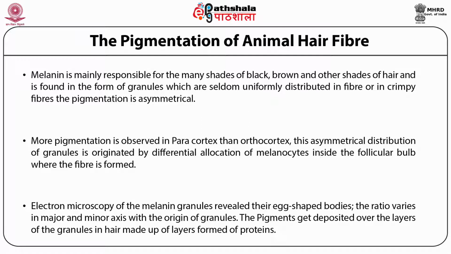Electron micrographs showed the axis of granules tends to lie parallel to the axis of cortical cells, and the granules are arranged end to end in rows covered by fibrillar keratin.